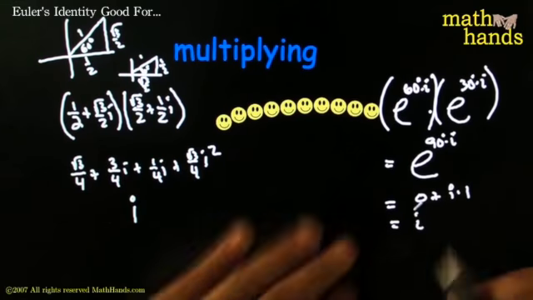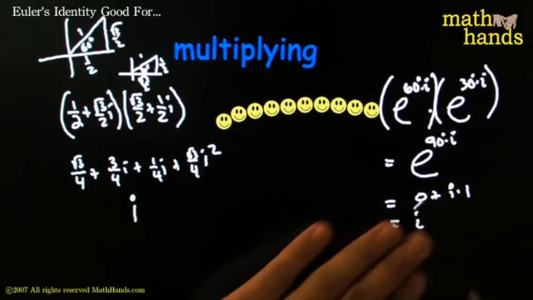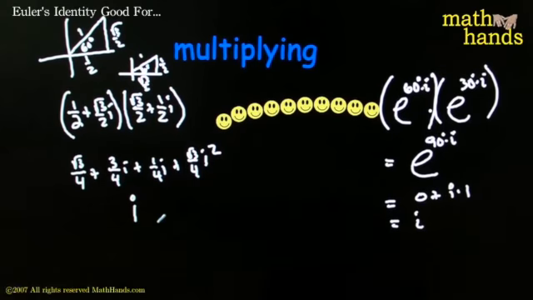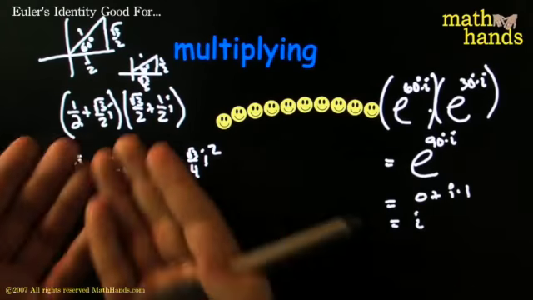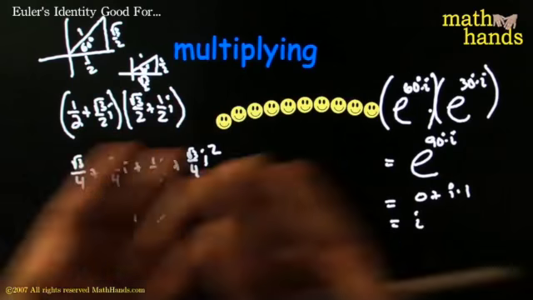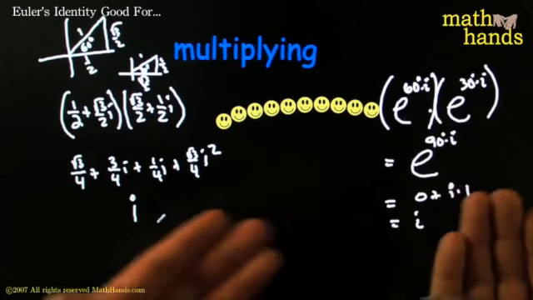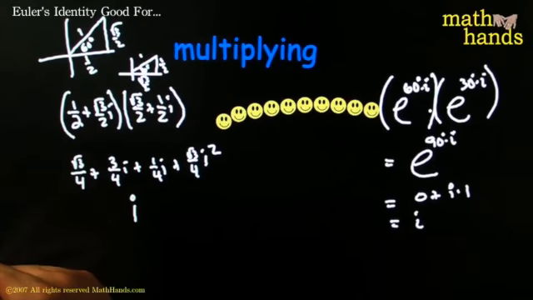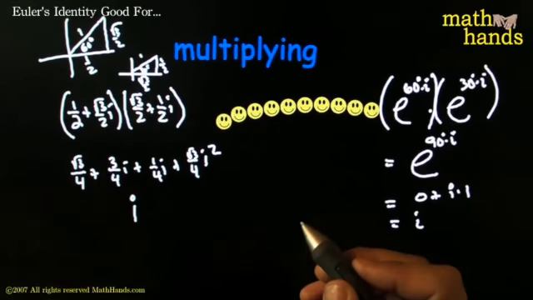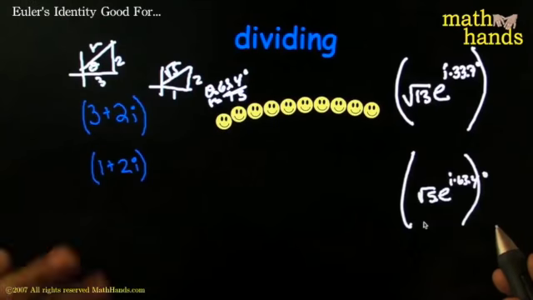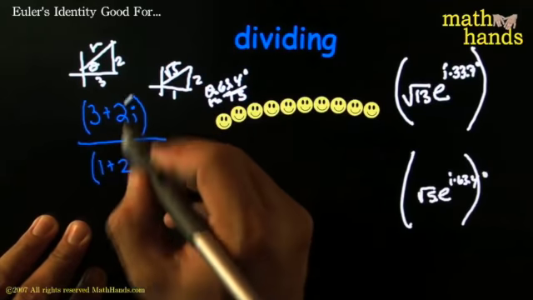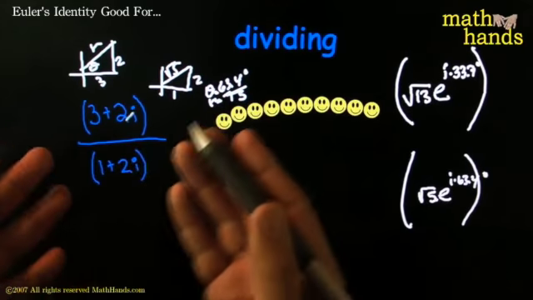Incidentally, we use the Euler identity, e to the i theta. If you have e to the i 90 degrees, that becomes cosine 90 degrees plus i sine of 90 degrees. And what does that become? Cosine 90 degrees, here's the cosine graph. Cosine of that is 0.